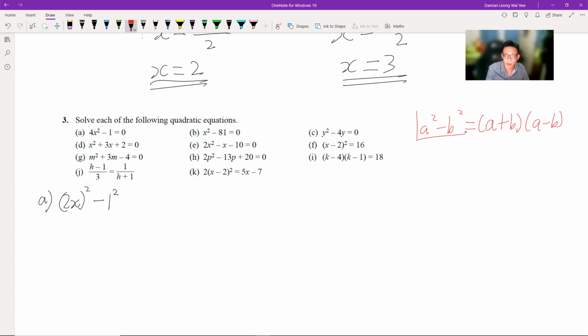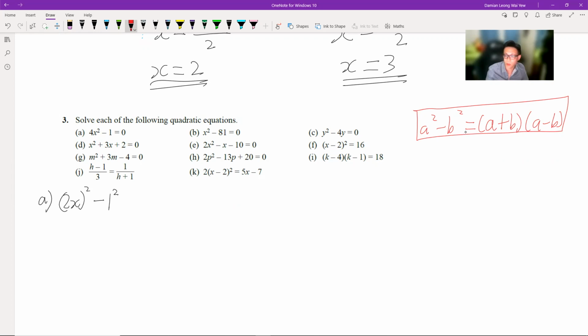Try to remember this formula, which relates a squared minus b squared to its factors. This was in the Form 2 syllabus. So if you've forgotten, it's okay. Now is the time you should try to remember.